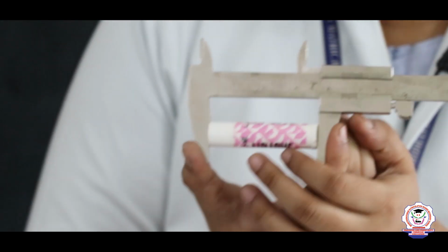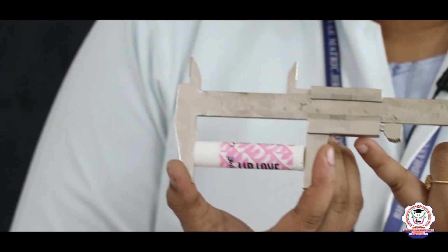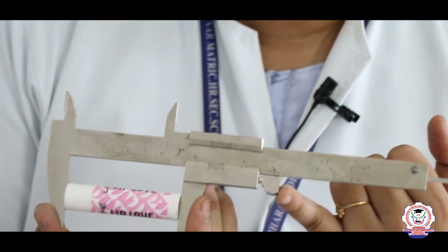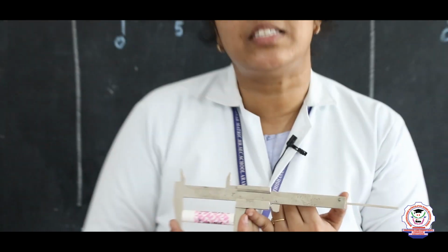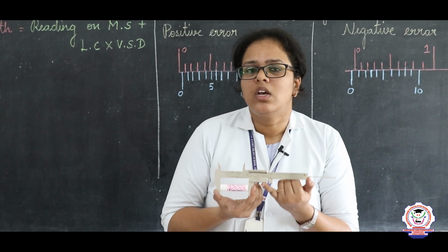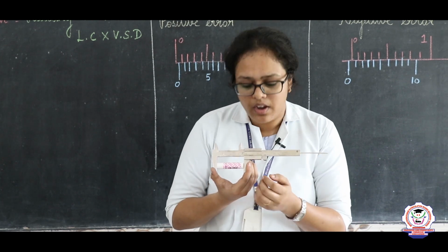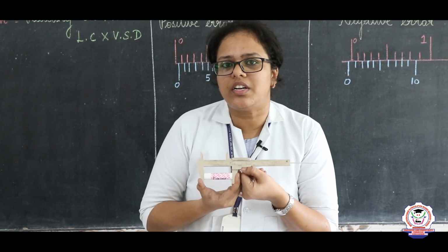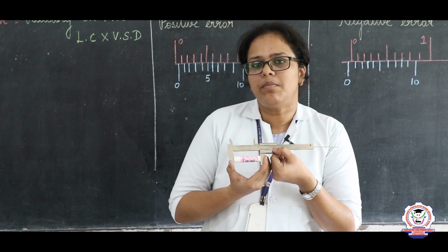Now what are the things we have found from this? The main scale reading is the place where the zero of the vernier scale lies. It lies somewhere between 6.7 and 6.8. We have taken the smaller of these two values, so the main scale reading in this case is 6.7. And what is the vernier scale division here? The point where the vernier scale coincides with the main scale.